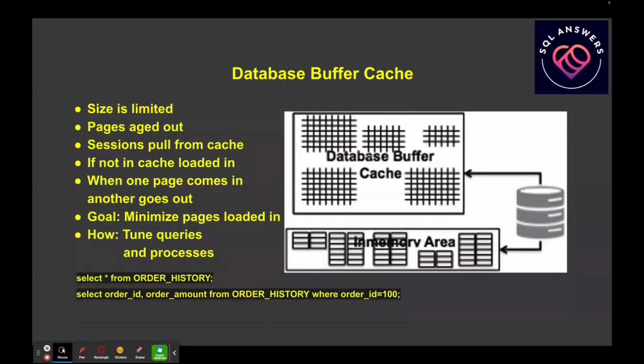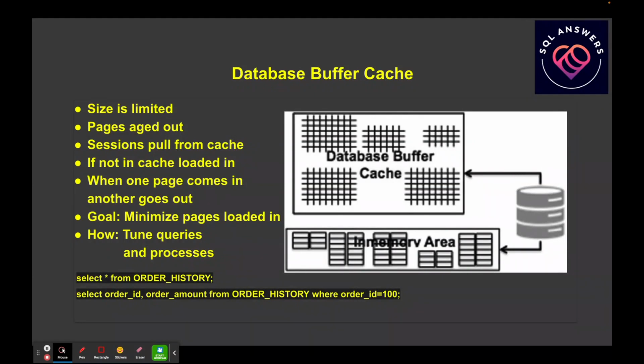Typically, a relational database is going to have some sort of algorithm it follows for aging those pages out. The simplest one is last in, first out, so the oldest page gets aged out first. Let's say a page got loaded into memory yesterday. That's the oldest page, and it would be aged out first.